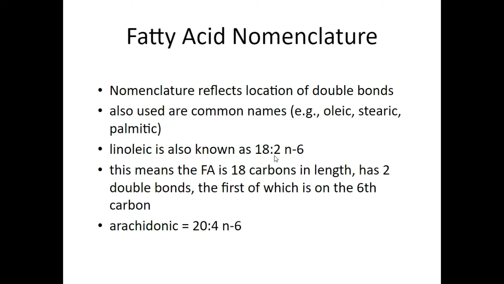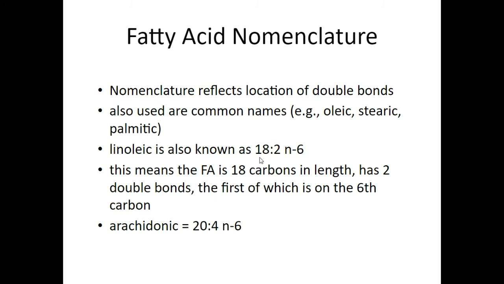And the colon, then the next number, guys, represents the number of double bonds. So therefore 18 carbons, and it has two double bonds. And what is this N6? N6 means omega 6. That means this is an omega 6 fatty acid.